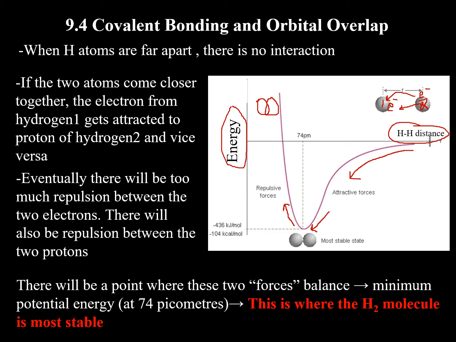So there's a balance, and they've determined that the ideal bond length is 74 picometers, which has a potential energy of negative 436 kilojoules per mole. This is also where the H2 molecule is most stable, at 74 picometers.